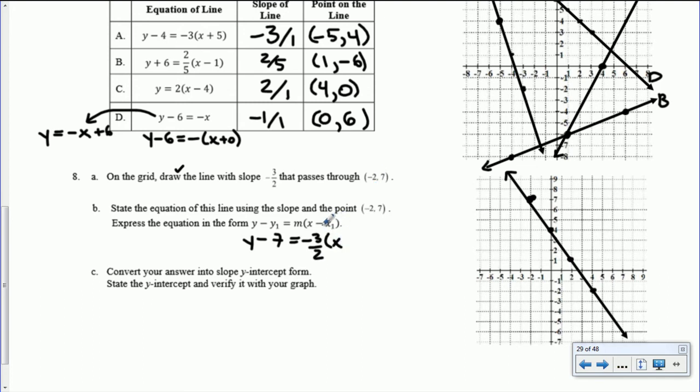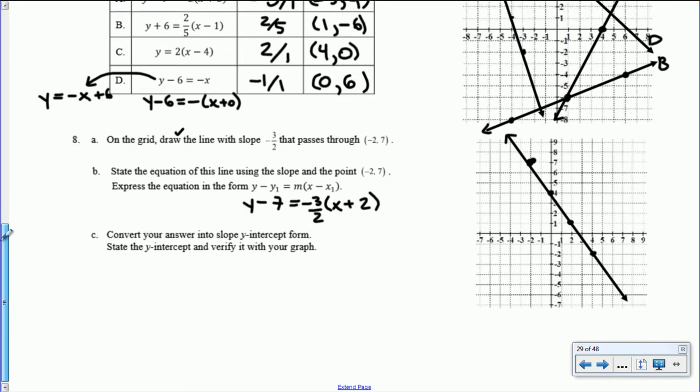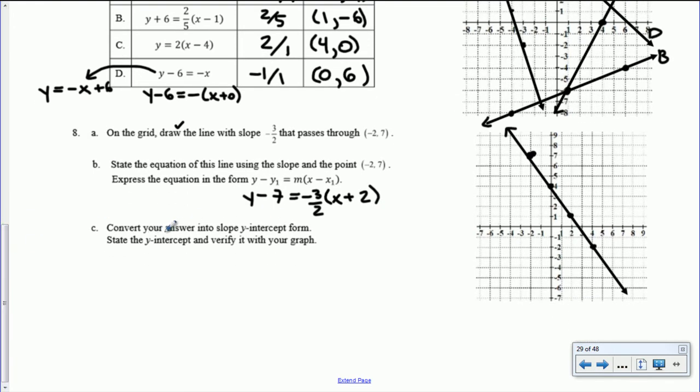I put a -2 in for x1, and subtracting -2 is the same as adding 2. Okay, so there we go. Convert your answer into slope y-intercept form. State the y-intercept and verify it with your graph.